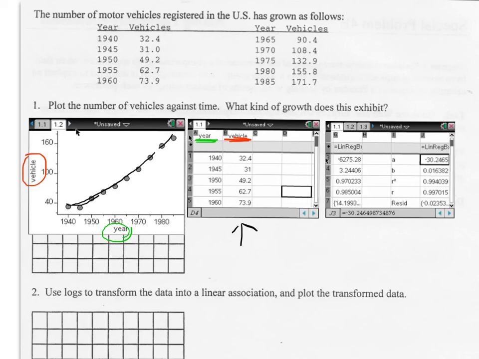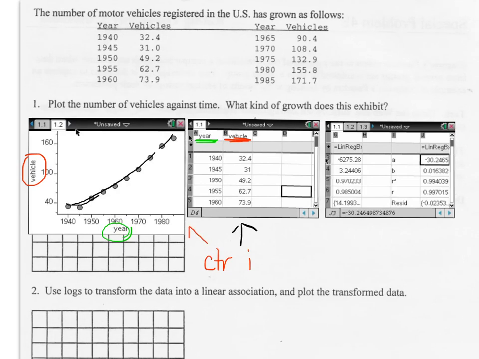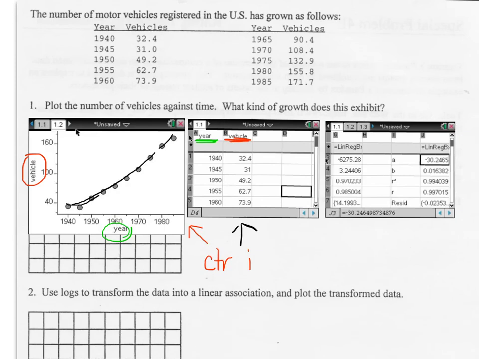And then we insert a data and statistic page, and remember, on the TI Inspire that is Control I. From Control I, we hit data and statistics, and then that's when we can go ahead and create our scatter plot. So that's a little review on making a scatter plot on the TI Inspire.